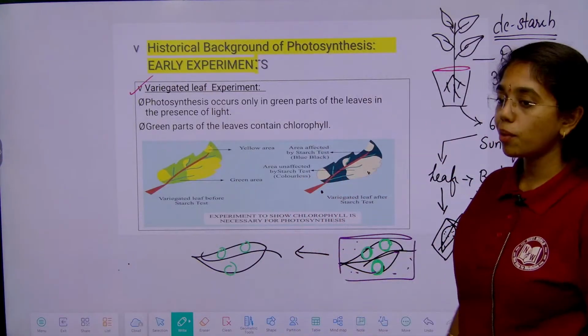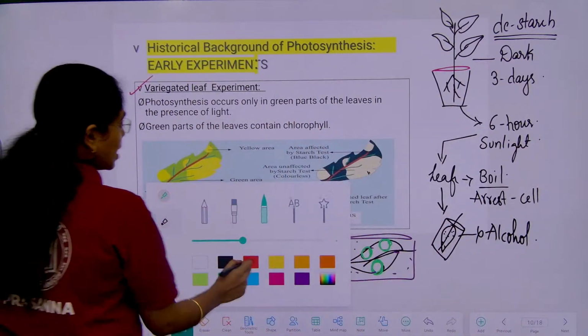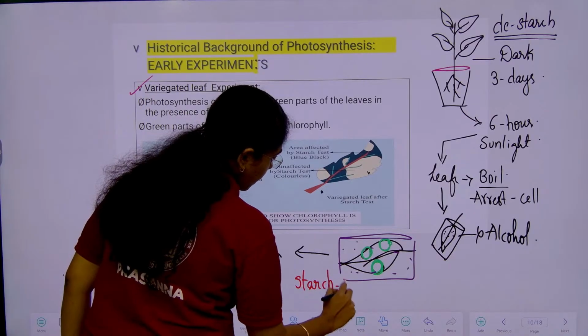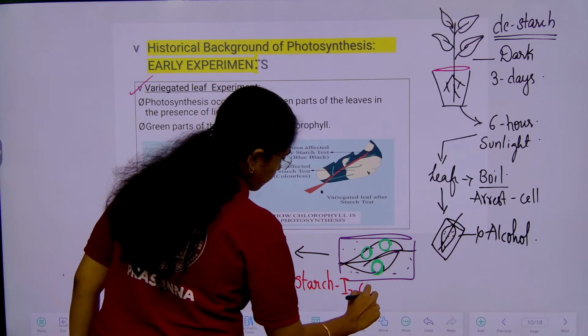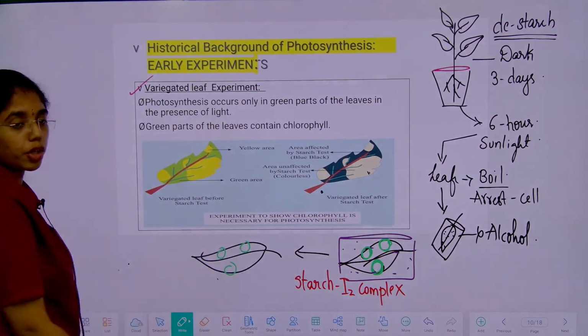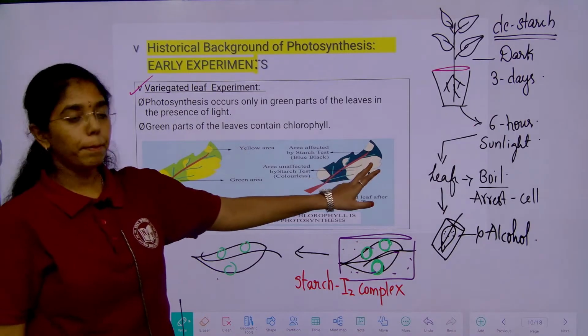It forms what complex? Starch iodine complex. And then it turns into pale color. Rest part wherever starch is not present, it will remain pale itself.